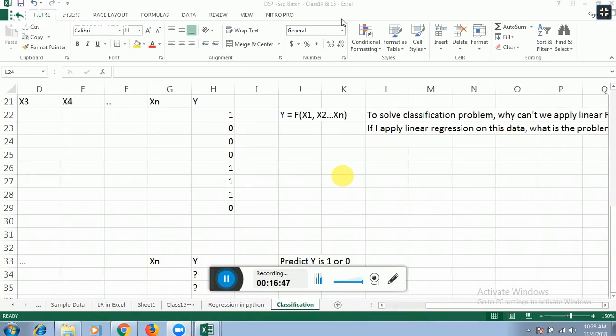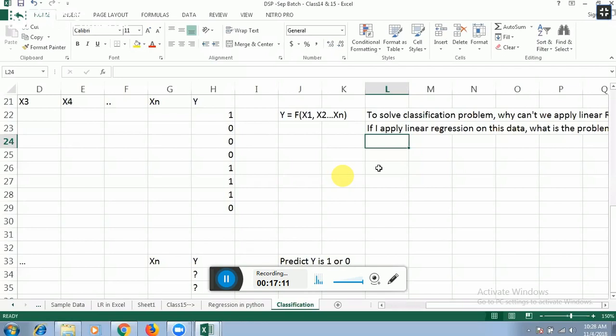So the main problem, Santosh mentioned, is that if I want to apply linear regression, first of all, the data should follow my assumptions. What are my assumptions? Y should follow a normal distribution, or Y and X should have a linear relationship. Correct?